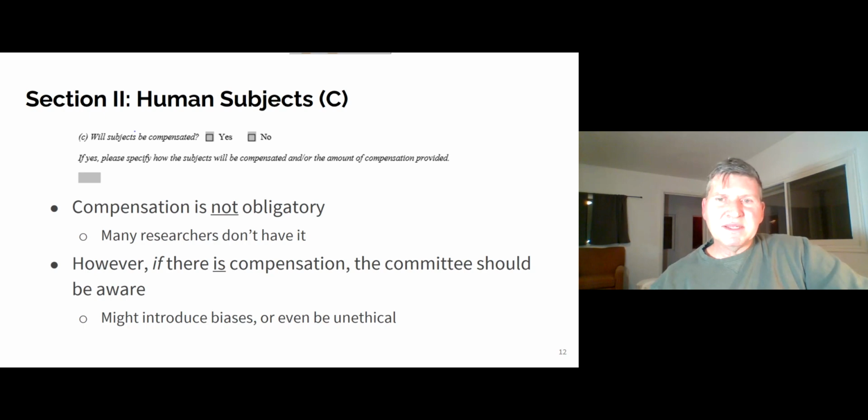I was doing a study that compared people I hired from a crowdsourcing website against people I hired as graduate students when I was a PhD student. So I offered the graduate students $10 to do the study, but for crowdsourcing, that would be a lot of money. So typically they're paid a small fraction of that to do a particular task. So I only offered $1, and the IRB flagged that and said that there would be biases because the compensation wasn't equal.